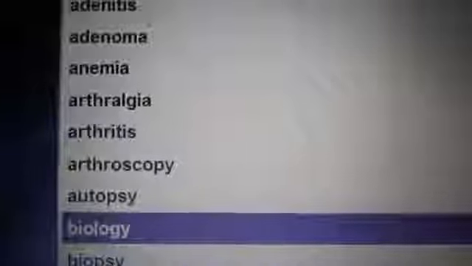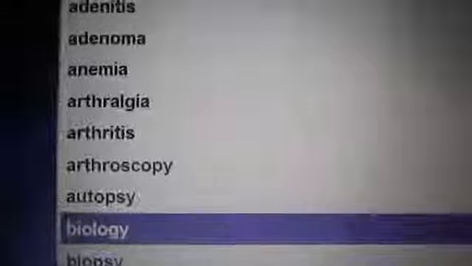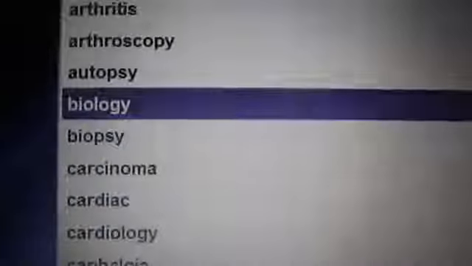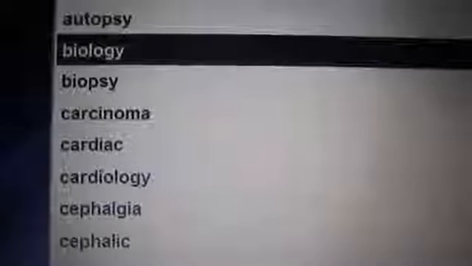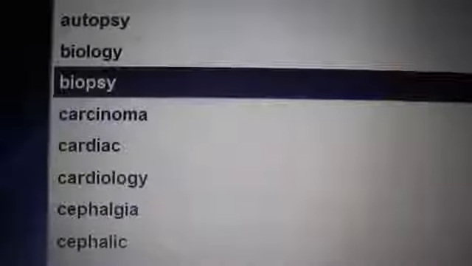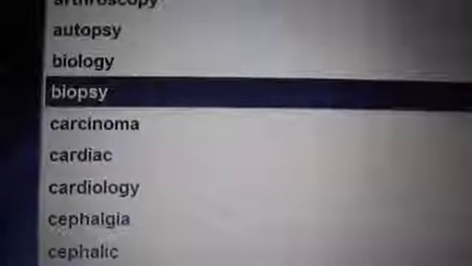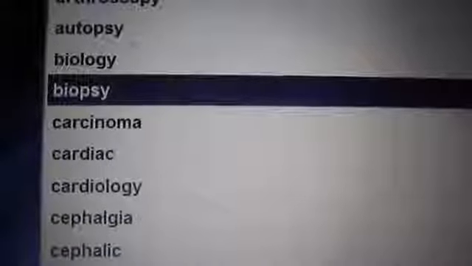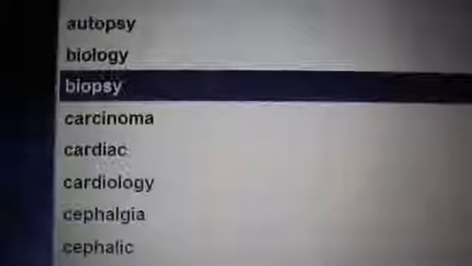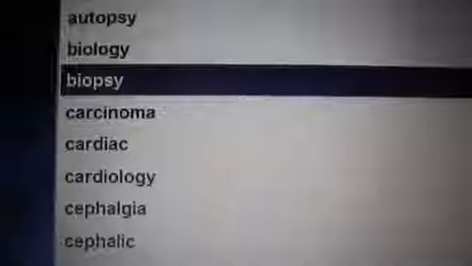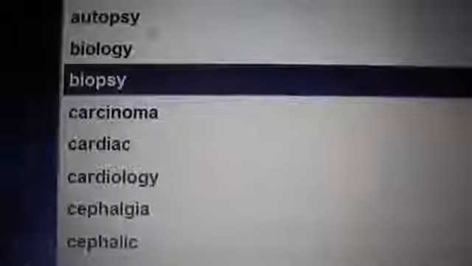The suffix logy, L-O-G-Y, means process of study. Biology is a process that studies life and living organisms. Biopsy. Biopsy literally means the process of viewing life. A biopsy is performed by removing a small piece of living tissue and examining it under a microscope.